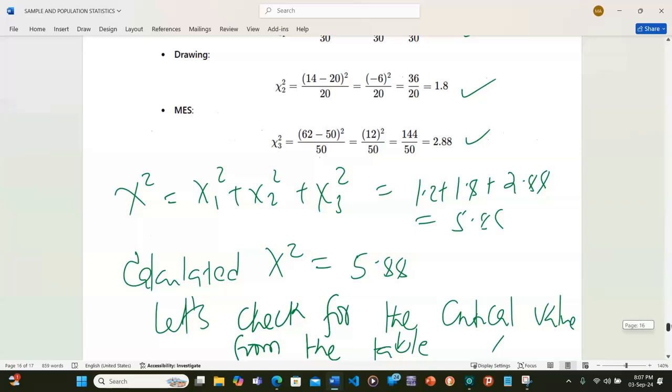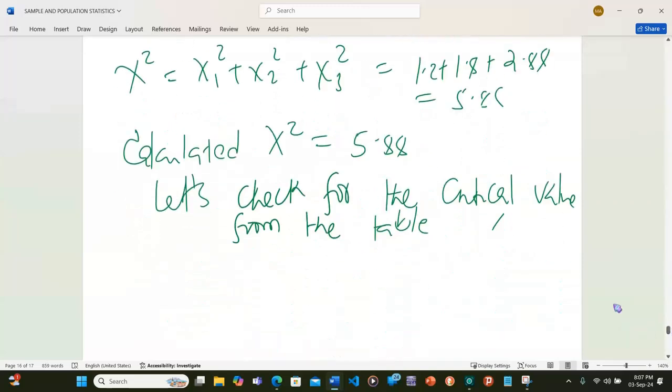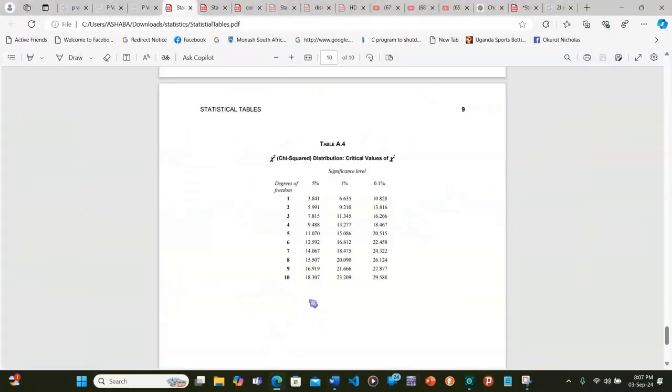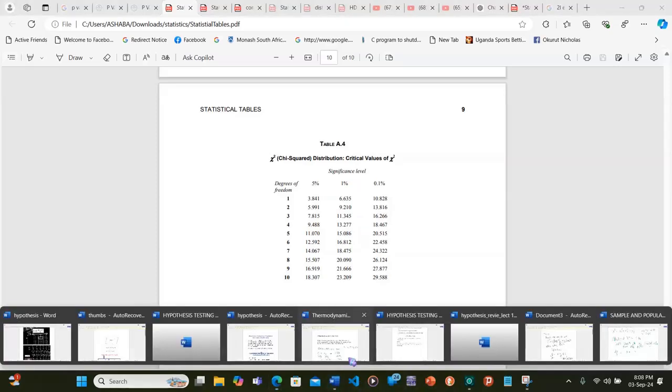But what is the number of degrees of freedom? The number of degrees of freedom is equal to the number of categories, which is 3, minus 1. So the number of degrees of freedom will be 2. So we go to the degrees of freedom of 2, and we check on the level of significance. So the chi-square critical value is 9.210.